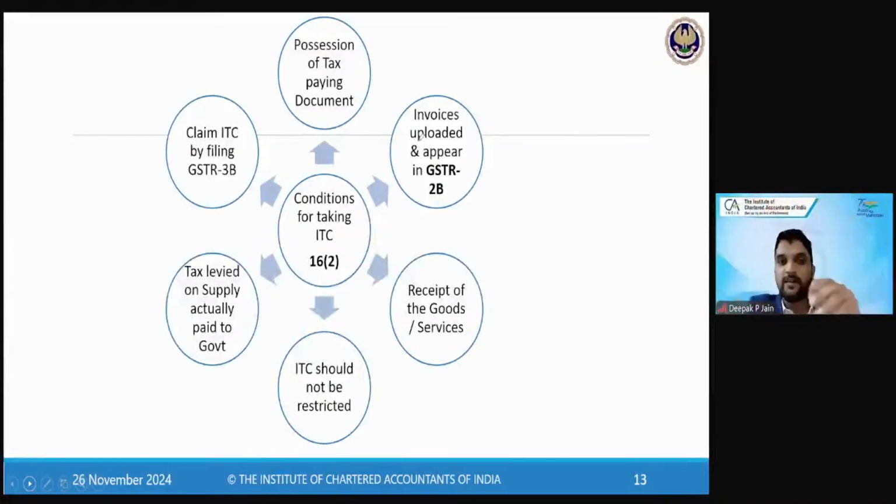It is either a tax invoice, debit note, bill of entry, or reverse charge mechanism document. All of this is the first condition. What will the supplier generally give you? Invoice, debit note. These are the general documents. So you should be in possession of these tax paying documents.